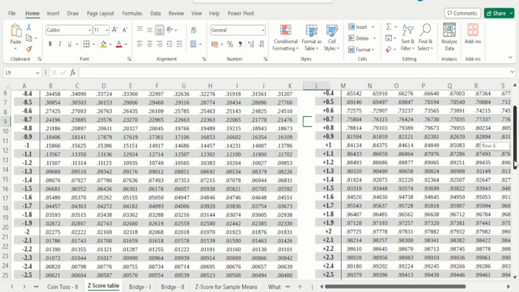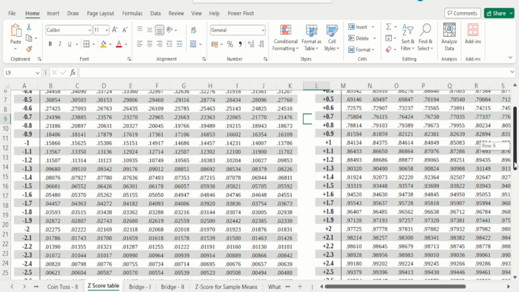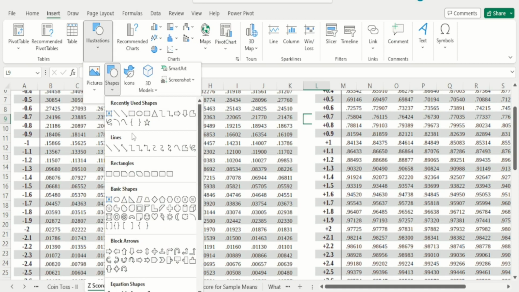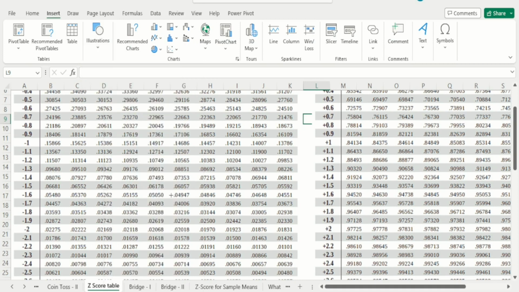If you look at the negative values on the z-score, remember it was 0.025. So where do we have 0.025 for the first time? Within this table, you will see that the 0.025 shows up on the table. Let me just circle it for easier visibility.